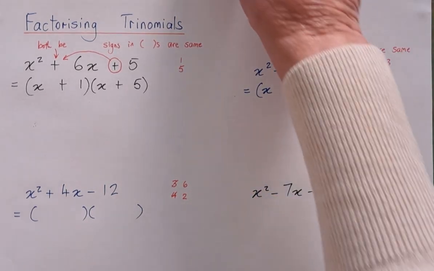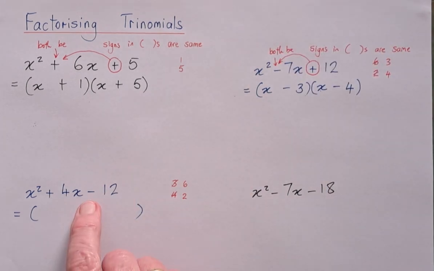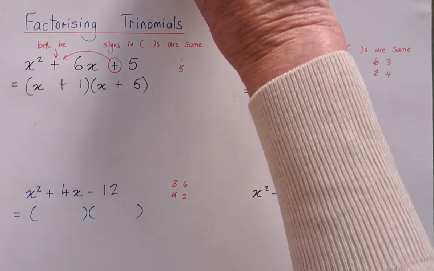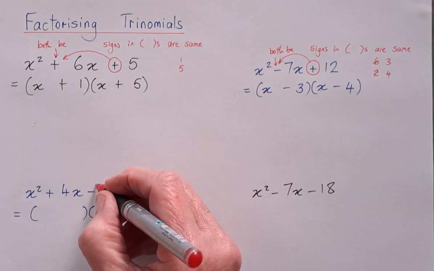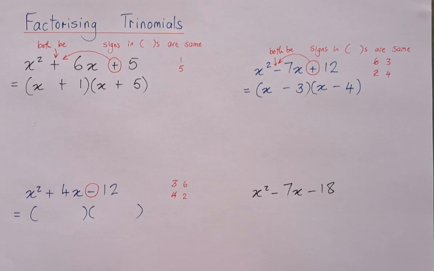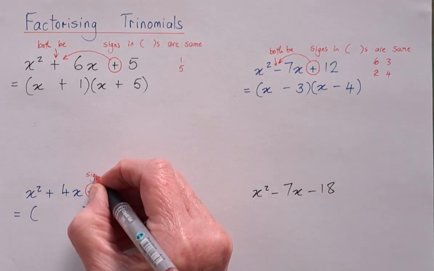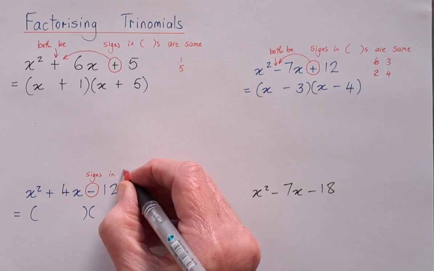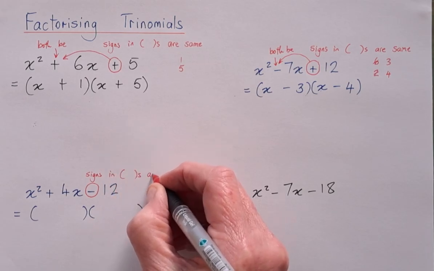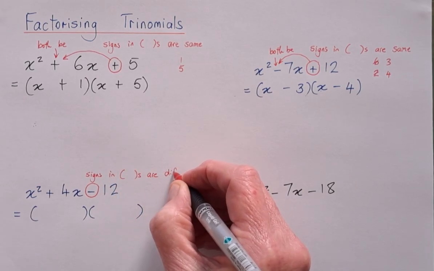So that is fine actually, because if the second sign is negative, you are going to end up with a subtraction situation over there. So let's put in little notes for the second sign. Remember, always read the second sign first. So this tells me that the signs in the brackets are different.